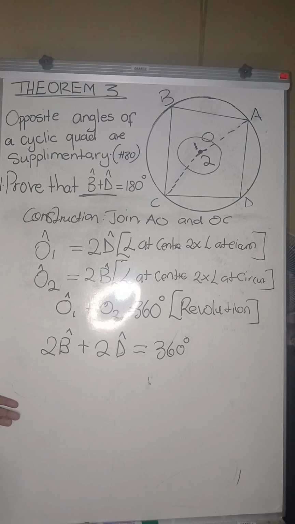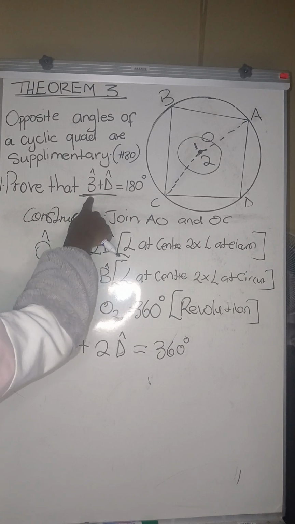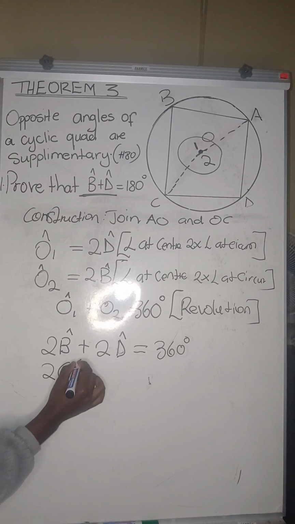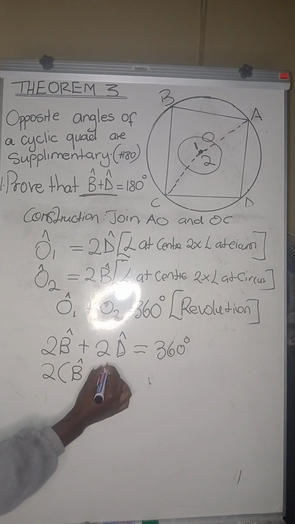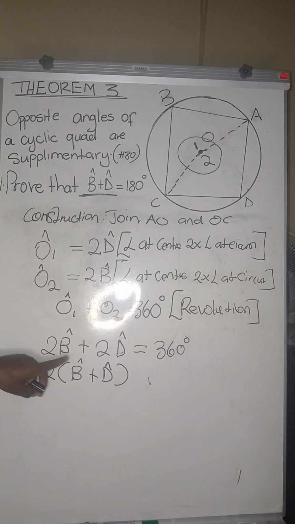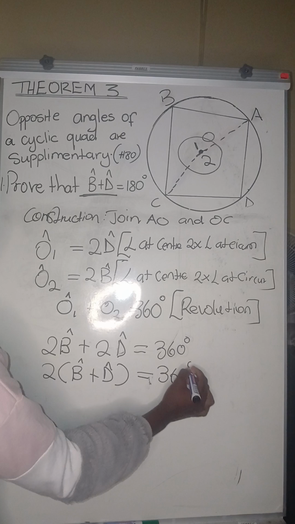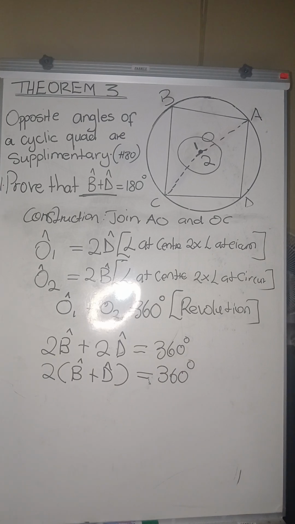So how are we going to prove that angle B plus angle D is equal to 180? Very, very simple. You take a common factor. We know this kind of solving. 2 times B plus D: we took the 2 outside and put B and D inside the brackets, and it is equal to 360. This is the quickest theorem that I know.